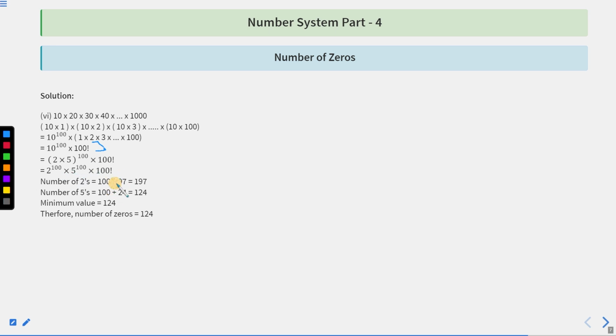The number of 2's you will have here is 100 plus 97, that is 197. The number of 5's is 100 plus 24, that is 124. So the minimum value out of 2's and 5's is 124. Therefore you will have 124 combinations of 2's and 5's, so the number of zeros will be 124. That means the total number of zeros that this number has is 124.